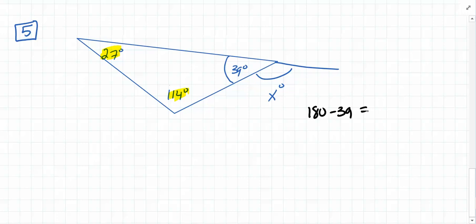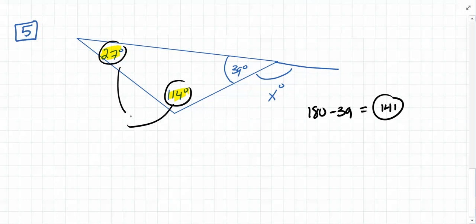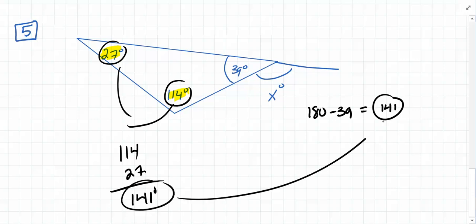Okay. Now, if we took these two angles and we added them up, how much would we get? 114 plus 27. Look, I get 141 as well. That's what the exterior angle theorem says. It says that the exterior angle is equal to the sum of the opposite interior angles of the triangle.